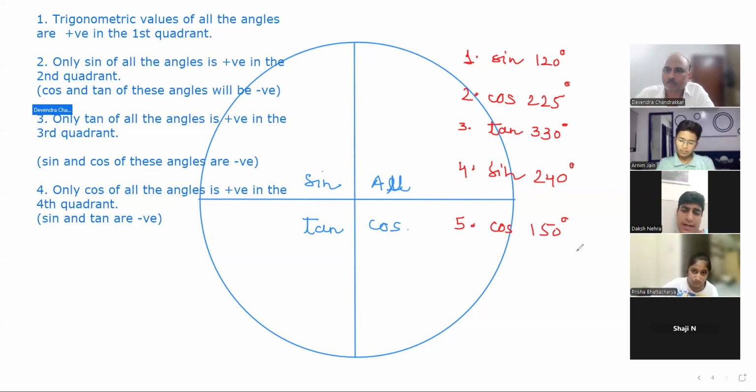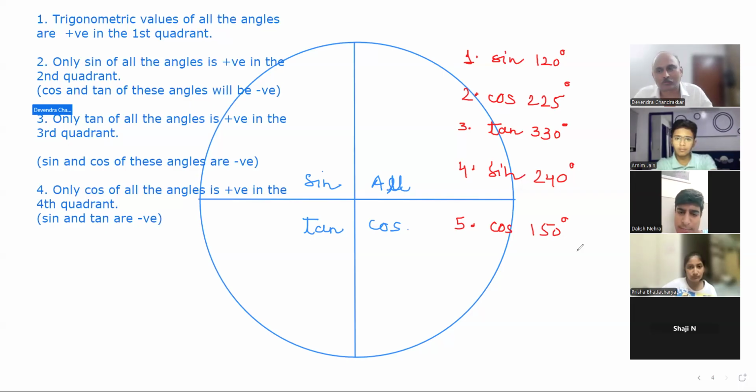Sir, we have to tell signs in which quadrant? See, 120 degree will lie in which quadrant, Daksh? There are 4 quadrants, right? First quadrant lies between which reference angles? चेक करो, नोट्स में चेक करो. 0 to 90.